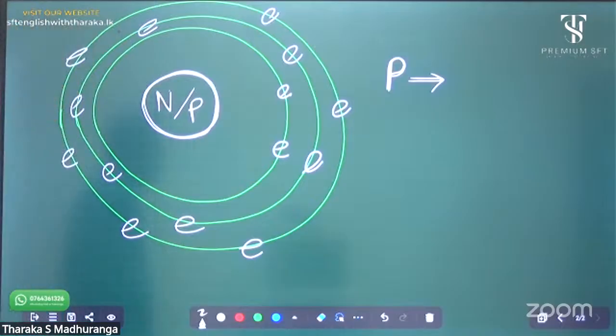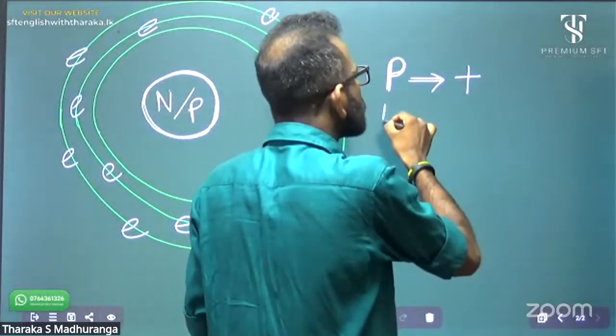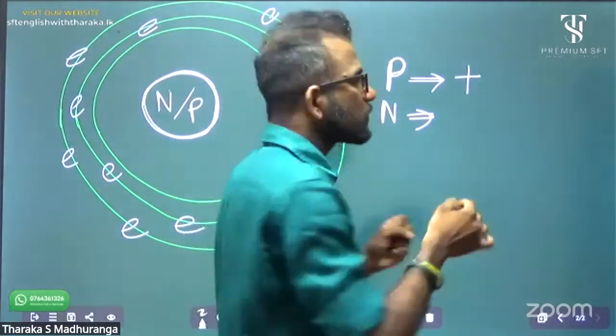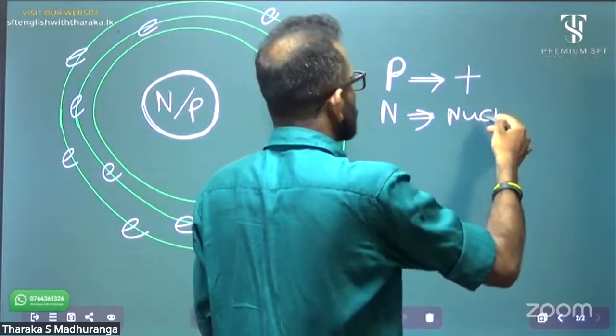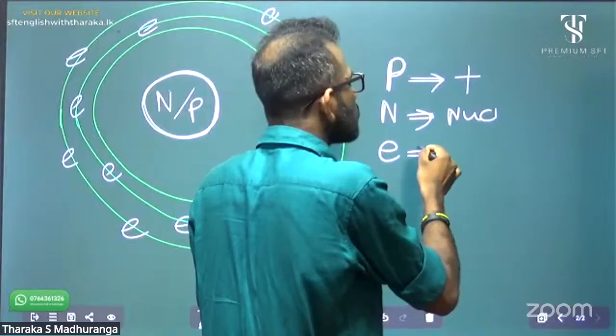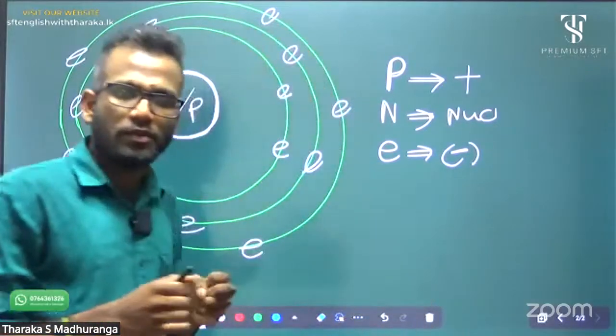Protons are positive charge and neutrons are neutral. Neutrons have no positive or negative charge. But electrons are negative charge.